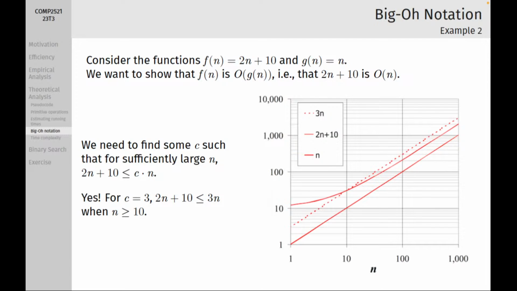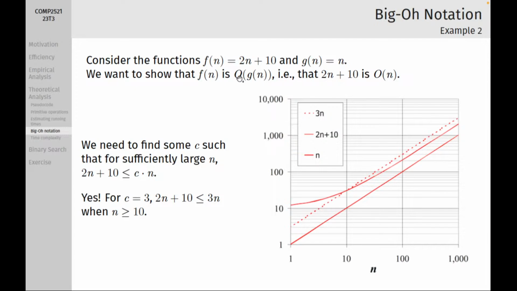So here is an example where you might look at the graph on the right and have no idea what's going on. The graph looks kind of weird, so I'll try and explain it. Suppose we have two functions, f of n equals 2n plus 10, and g of n equals n. What we want to show is that f of n is big O of g of n.